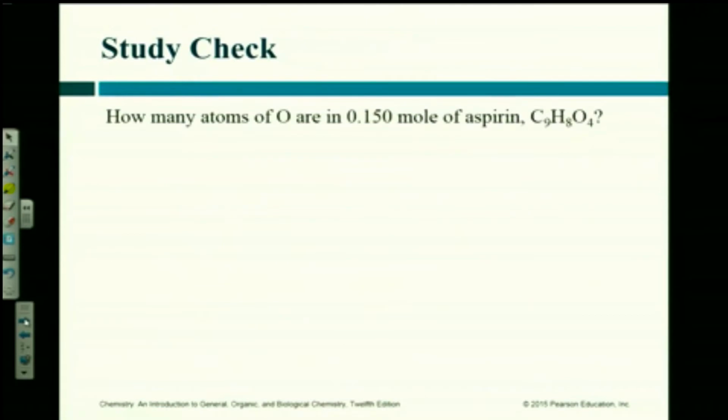Think about what we can do. We can go from moles of aspirin to moles of oxygen, and then we can go from moles of oxygen to atoms of oxygen. That's how I want you to try to do it. Two steps.